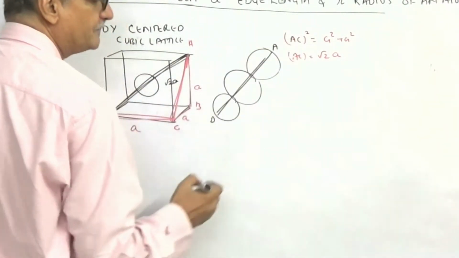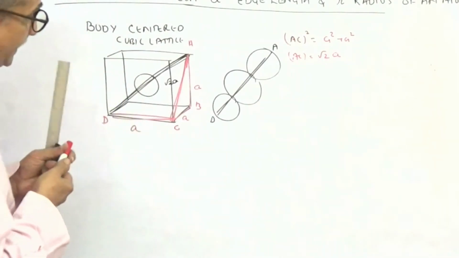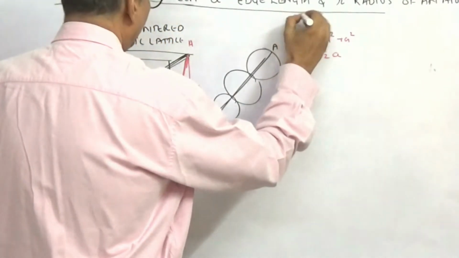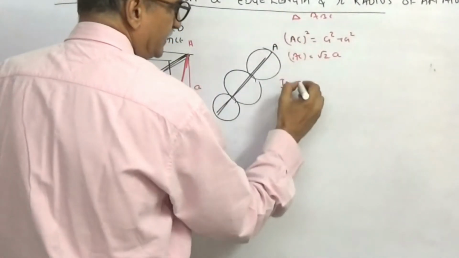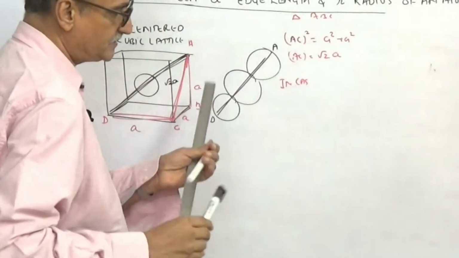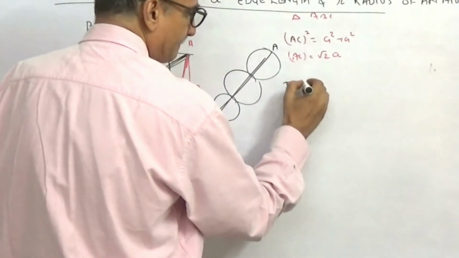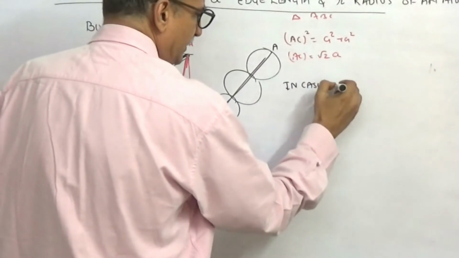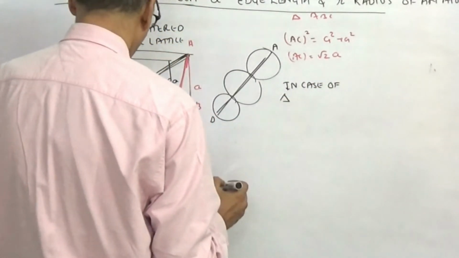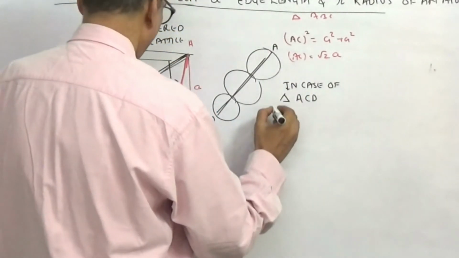Now in the case of triangle ACD, what do we have?